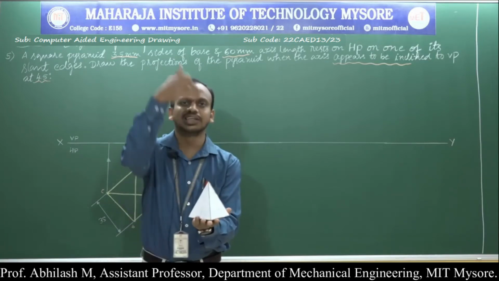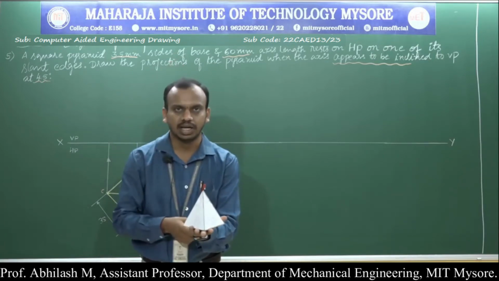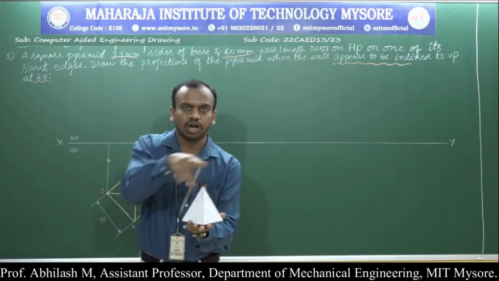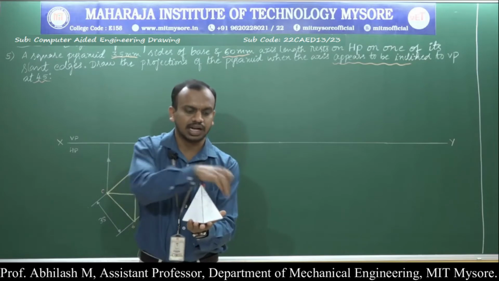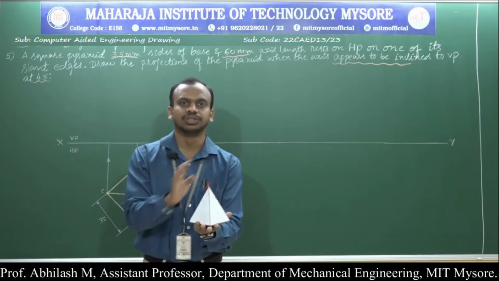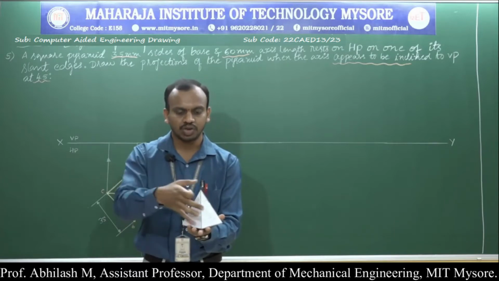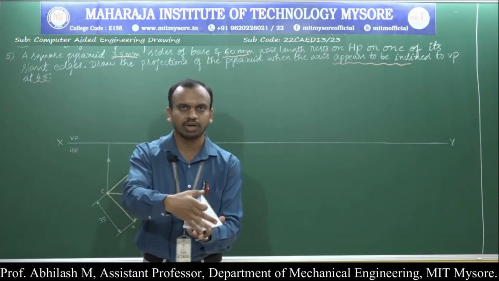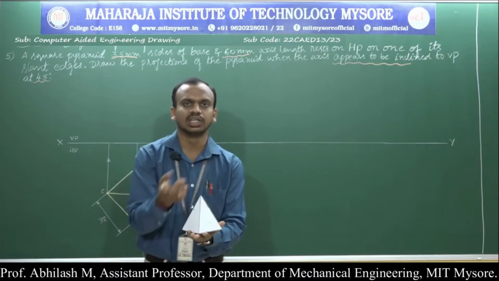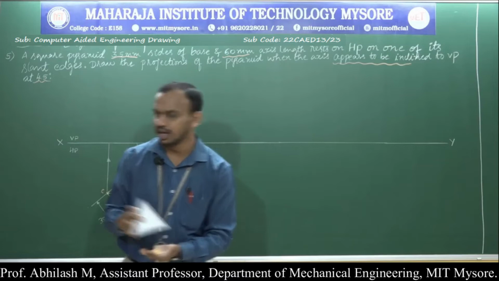I can just draw a thick line of 60 millimeter, which indicates the axis length, and connect from the other two corners. Can we clearly see these two slant edges? Yes, I can clearly see. So I can complete the first position of the given problem. So the axis length is overlapped by one of the slant edges of 60 millimeter, surrounded by two other slant edges which are clearly visible.